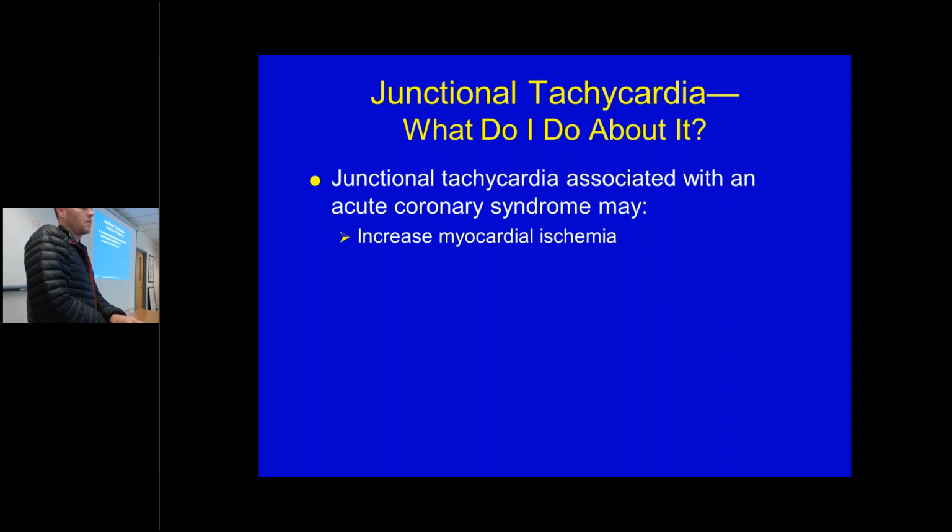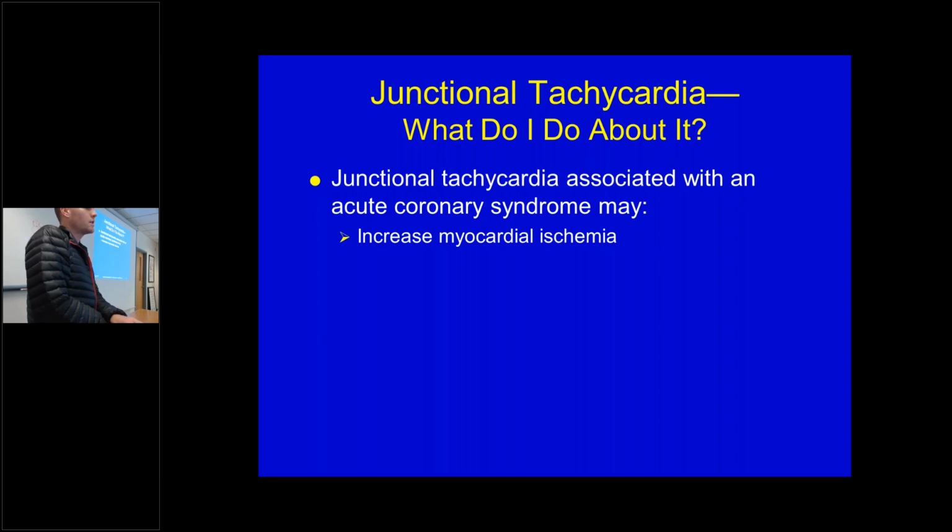So if you have a patient with a heart attack and it takes out the SA node, the junction or the AV node takes over, causes a junctional rhythm. And because the heart attack messed up your pump, your blood pressure is low, then what is your AV node trying to do? Speed up, try to improve your cardiac output to recover your blood pressure.